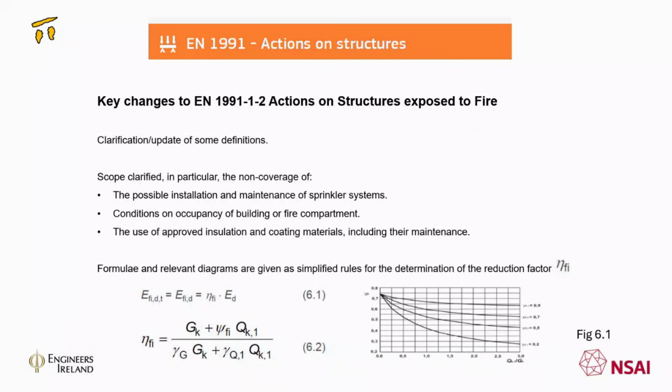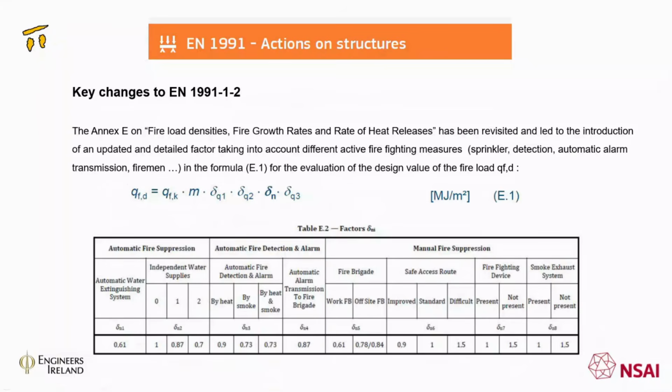So there is information, and again, this would need to be read in its entirety rather than looking at it as an individual document. There's an Annex E, fire load densities and fire growth rates, which has been revisited and has brought in a factor which takes into account different active firefighting measures such as sprinkler detection systems, automatic alarms, etc. And this can modify factors.